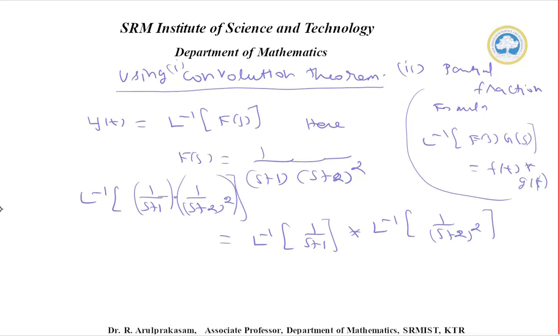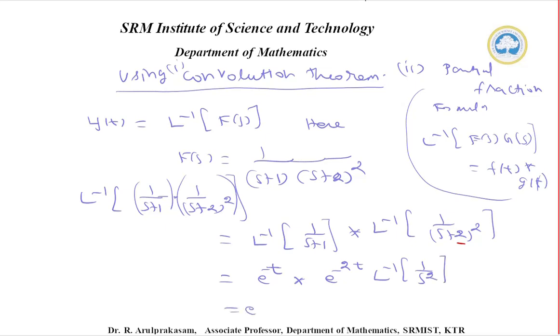L inverse of 1 divided by s plus a is e to the power minus at. By the shifting property, take the 2 outside, since 2 is given. So I am getting e to the power minus 2t, and then L inverse of 1 divided by s square.